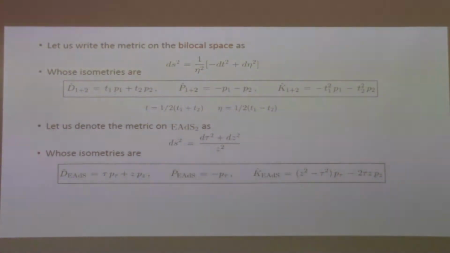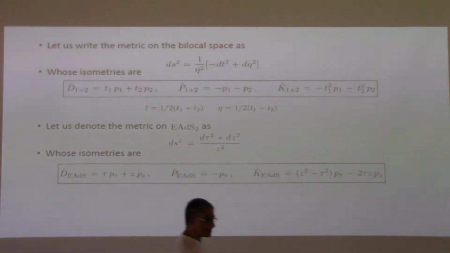A metric on the Euclidean AdS space is that obtained by flipping a sign there, whose isometries are given by some standard expressions in terms of the coordinates and their canonically conjugate momenta.